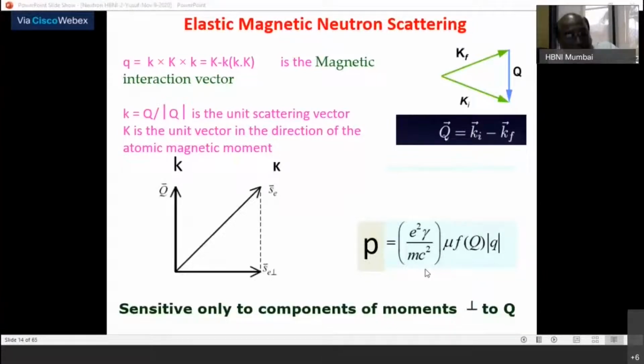So as a result, when you are using X-ray on a material, even if the material is magnetic, you essentially do not get any observable scattering due to unpaired moments, due to unpaired electrons, due to the magnetic nature of the sample. What I mean by that, even if you take a ferromagnetic material, iron, let us say, and do X-ray diffraction sitting in your lab, iron being BCC structure, you get the Bragg peaks only due to the atomic positional periodicity of the BCC structure.